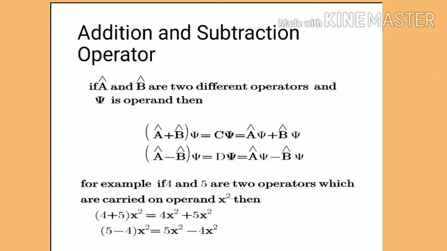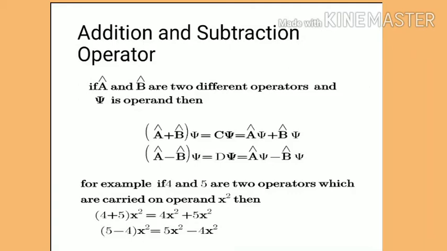In the bracket there is the addition of operators, not the addition of functions. So we get A cap psi plus B cap psi. If there is addition of operators, we can apply the operators on the function separately.